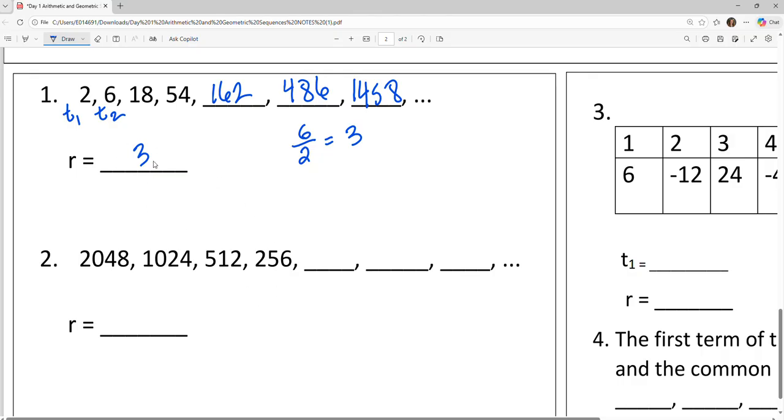On number 1, our b value was greater than 1. Think about how an exponent would be set up. This would be 2 to the x power. Now there's some more to it than that. That would actually be 3 to the n minus 1 power. We'll talk about that when we look at the actual formulas tomorrow. Right now we're just looking at recognizing the patterns and finding that ratio.